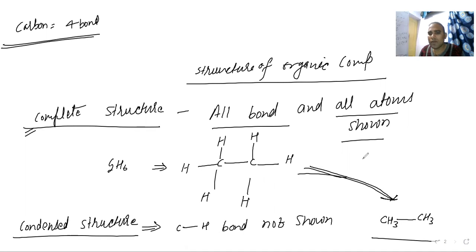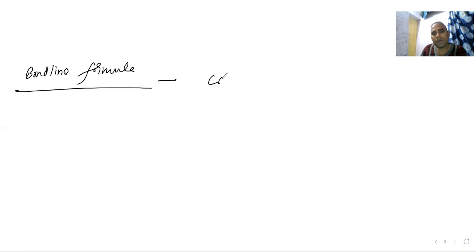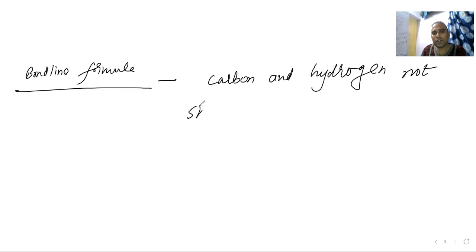Now the next one is the bond line formula. Let us try to understand bond line formula, what you were asking about last day. In bond line formula, carbon and hydrogen are not shown. We do not represent carbon and hydrogen.